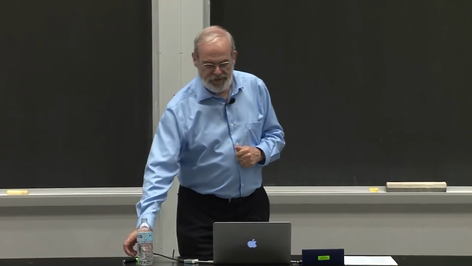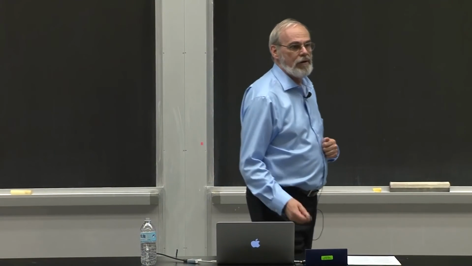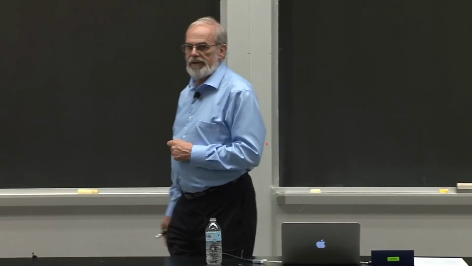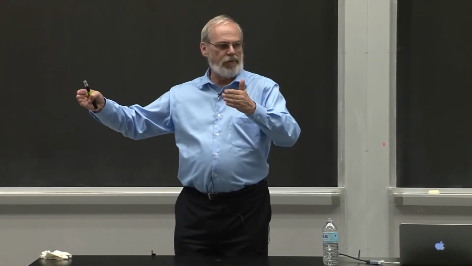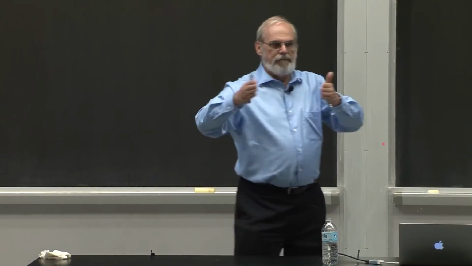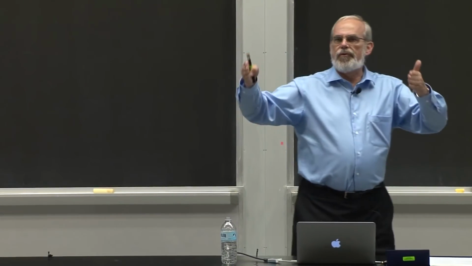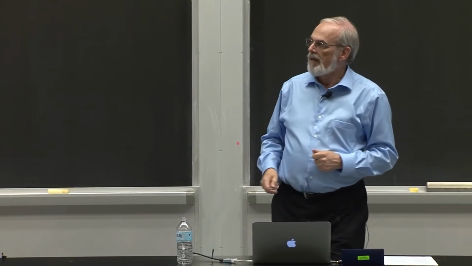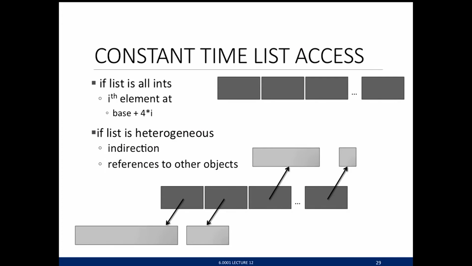Well, it gives me a chance to point out something that Python does very effectively. Not all languages do. But think about a list. Suppose I've got a list that's all integers. I'm going to need some amount of memory to represent each integer. So if a byte is 8 bits, I might reserve 4 bytes or 32 bits to cover any reasonable sized integer. When I represent a list, I could simply have each of them in turn. So what do I need to know? I'm going to allocate out a particular length, say 4 bytes, 32 bits, 32 sequential elements of memory to represent each integer.